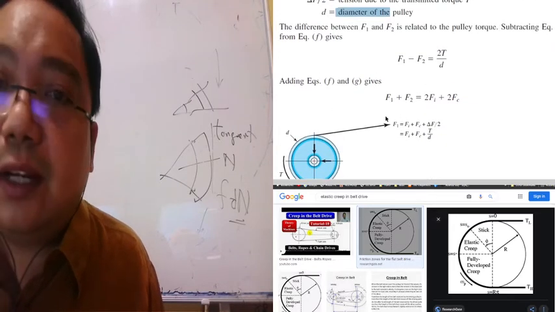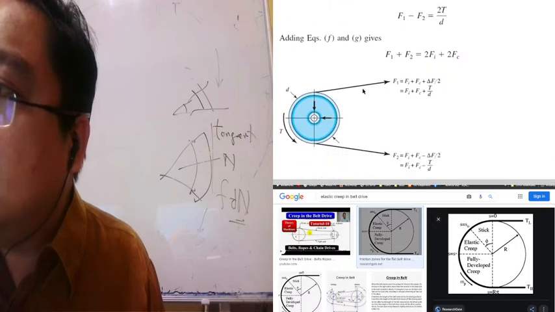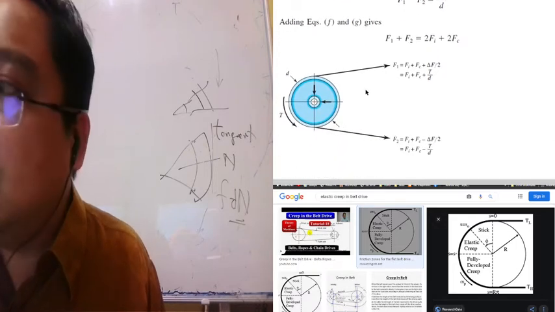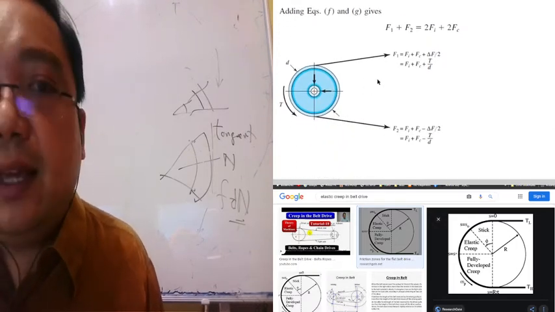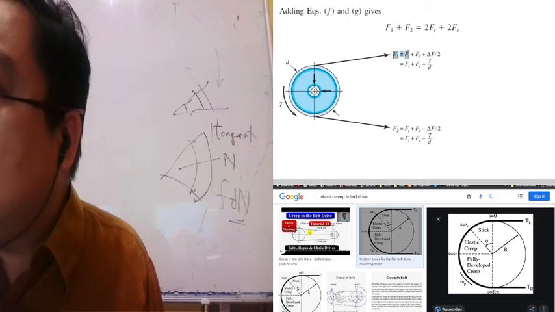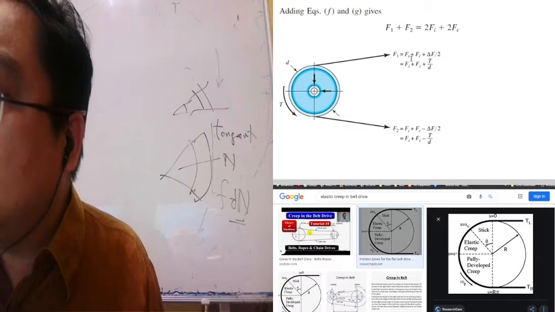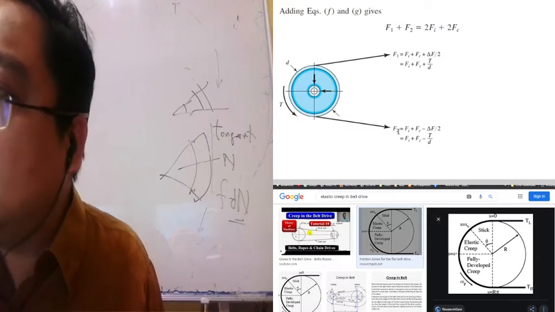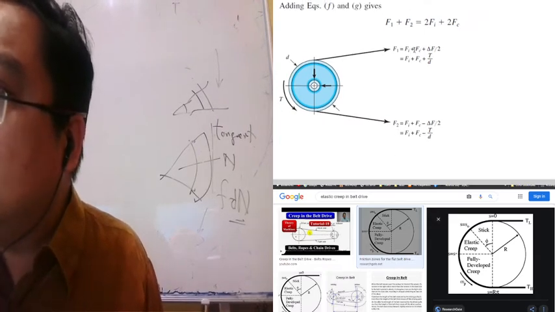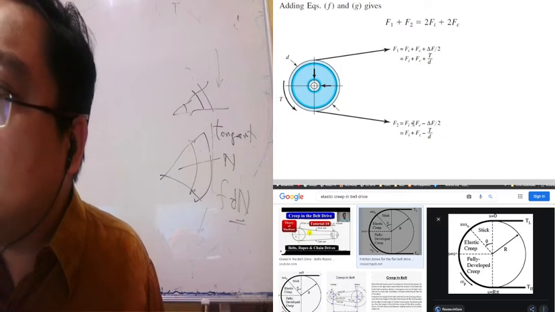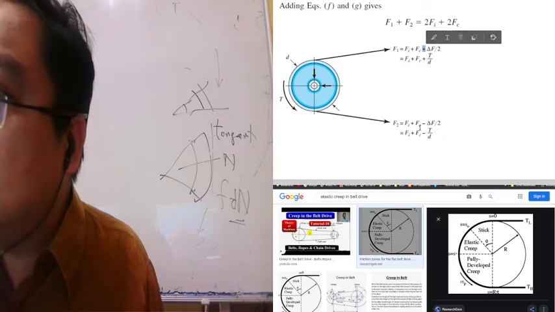When you try to understand this equation, always refer to the pictures given. F1 and F2: this is the upper force of the belt, and this is the lower force of the belt. You can see the difference is a plus sign and a minus sign.